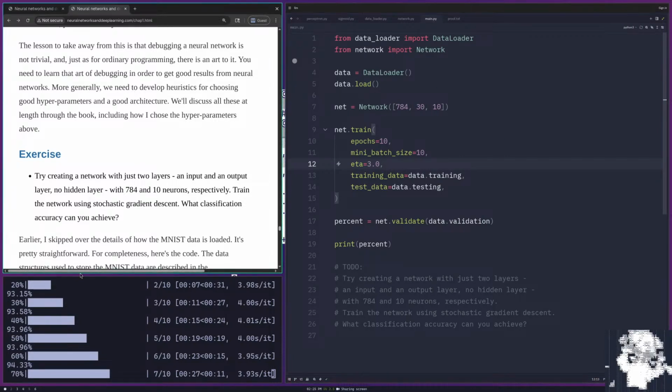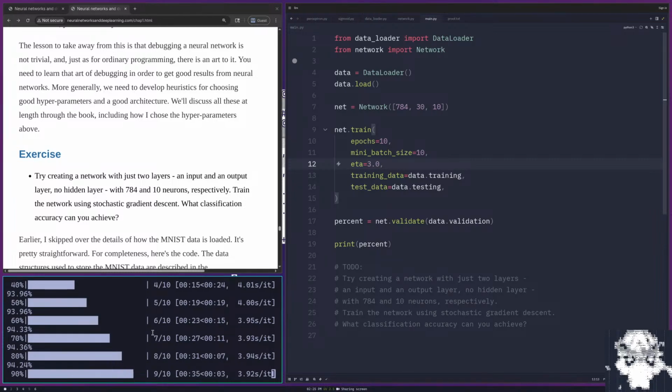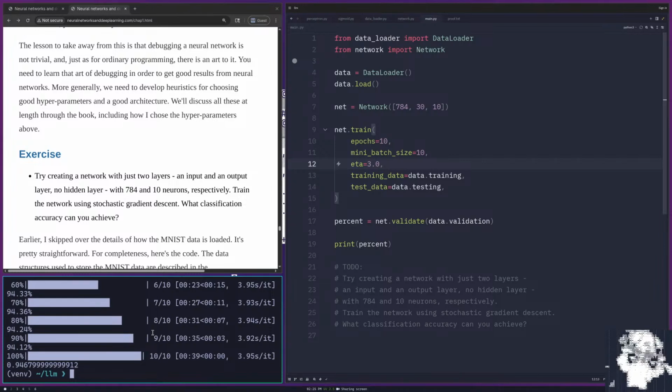Well, look at that. We built a neural network that can classify handwritten digits with a 94% accuracy and 39 seconds of training. Not too shabby.